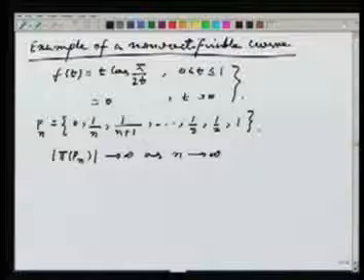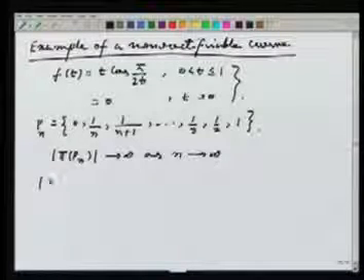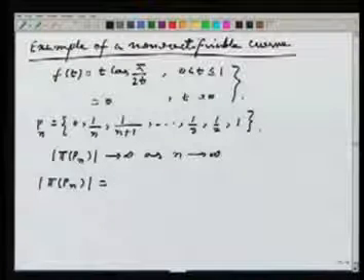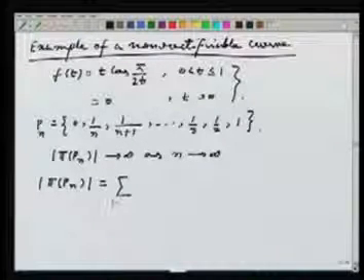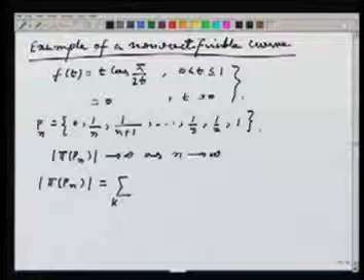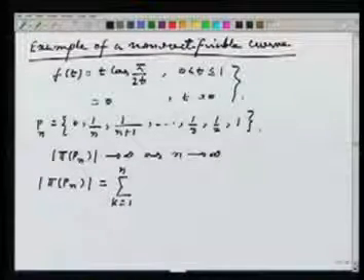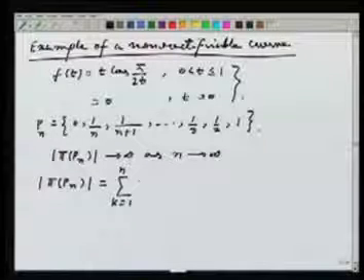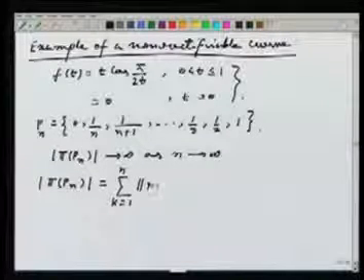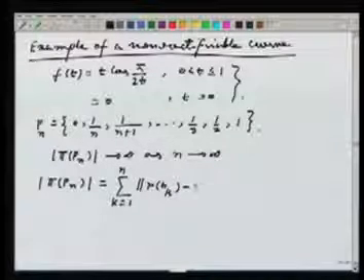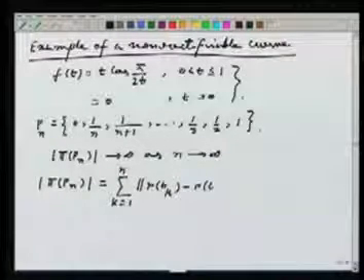To check this, mod pi Pn is anyway the summation k from 1 to n of the norm of r(t_k) minus r(t_(k-1)).